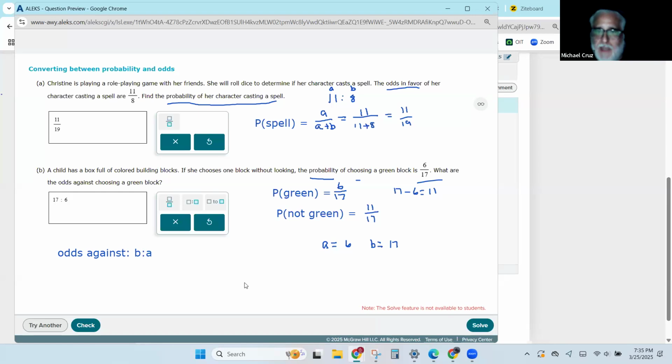So the odds against are 17 to 6. In other words, 17 losers, 6 winners.